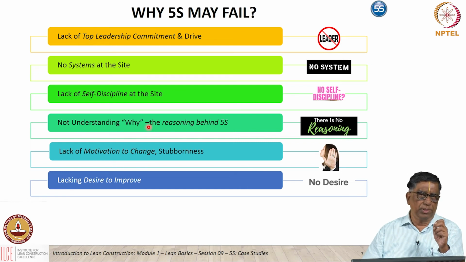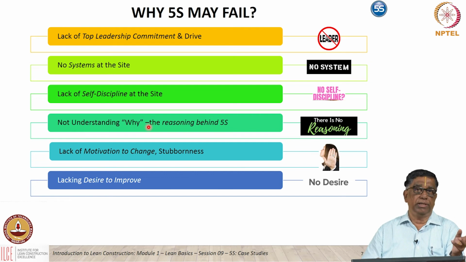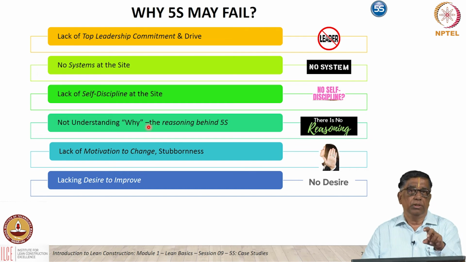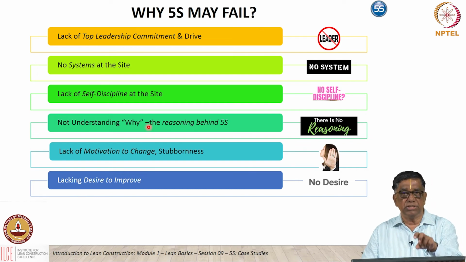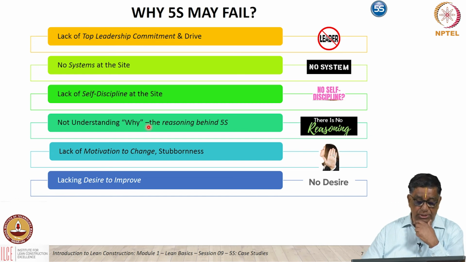Another very important point, the fifth point, if you look at sustainability, the fifth S, that stands for self-discipline also. So, unless the staff and labor have inherent self-discipline and want to practice 5S voluntarily and in a good way, it won't succeed in the long run. The role of the top management is to instill training and instill the self-discipline into the people concerned.